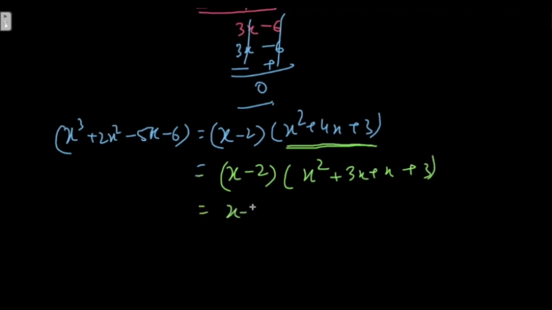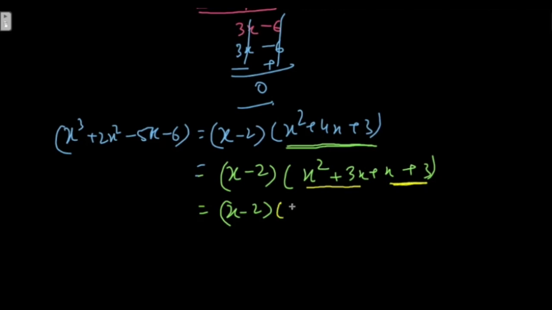So it is x minus 2. Now what we do is that we take a factor common from these two terms and these two terms. X square plus 3x, we can take x common, and then we can take one common from x plus 3.